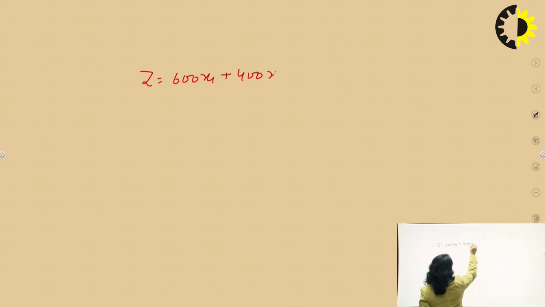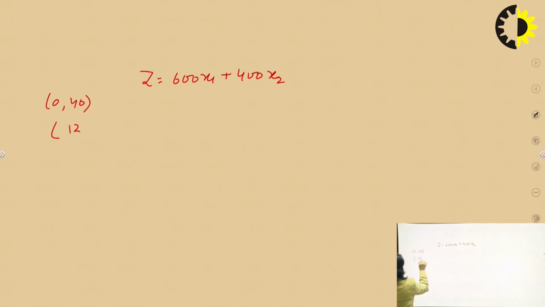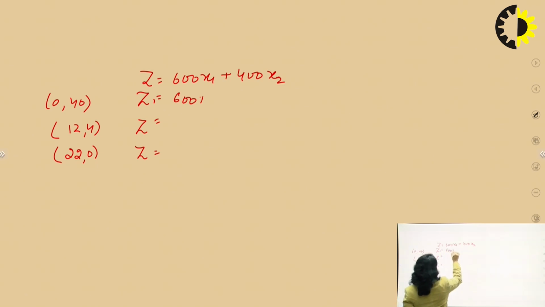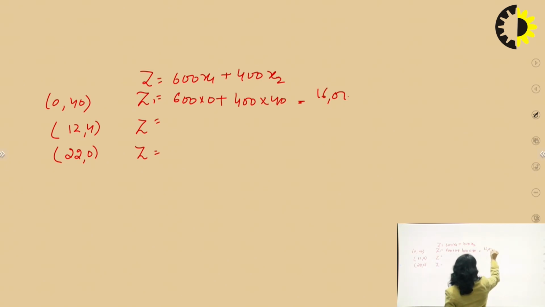Z was 600 x1 plus 400 x2, and our coordinates are 0, 40, 12, 4 and 22, 0. 600 into 0 plus 400 into 40 is equal to 16,000.